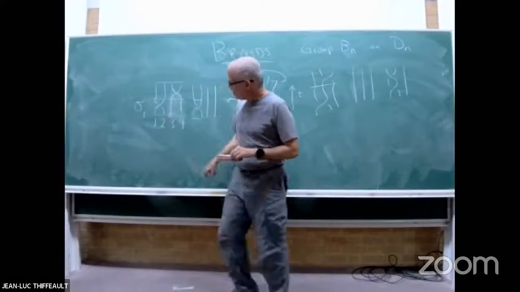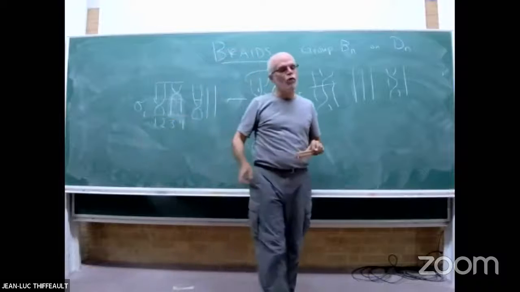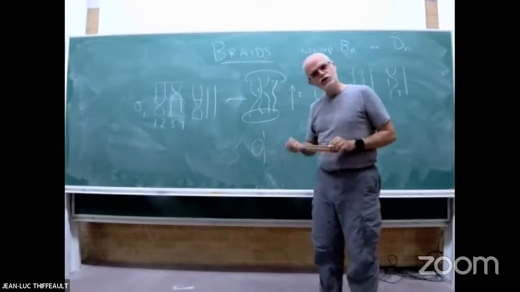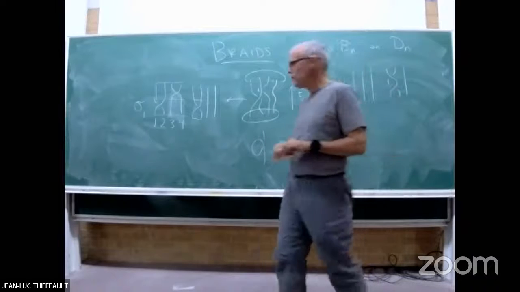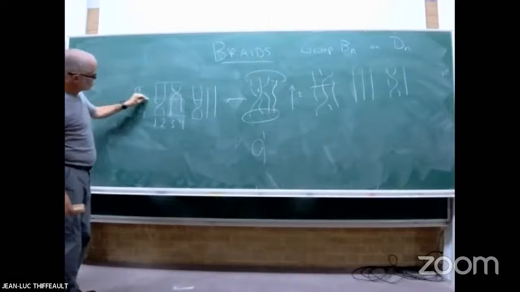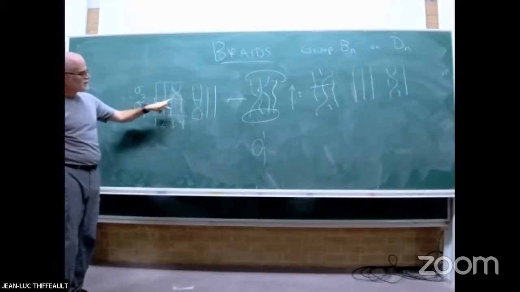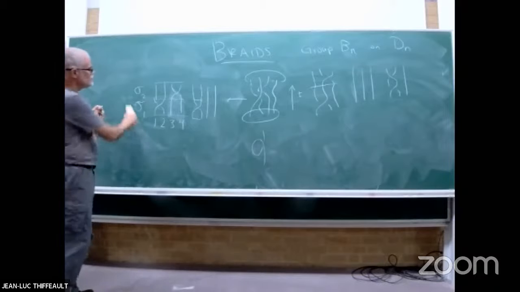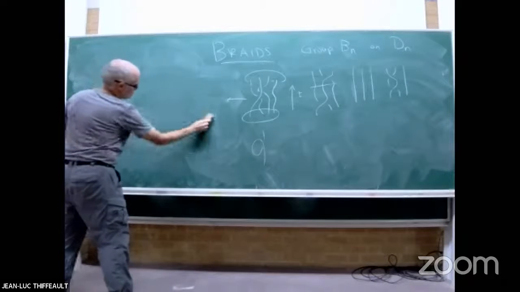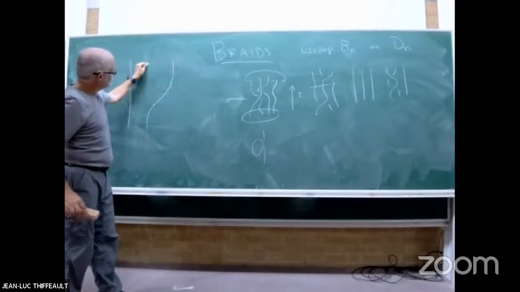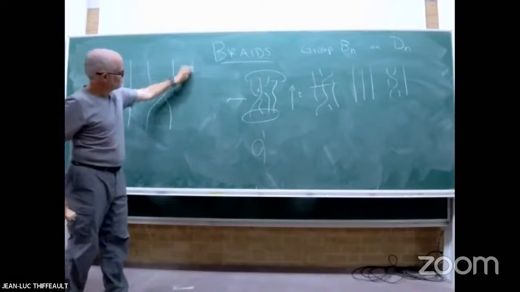And similarly, the 1 here, when I write sigma 1, means the exchange of string number 1 with string number 2. And similarly, this second generator here, I would write as sigma 2 because it's the exchange of string number 2 with string number 3. So in general, one generator looks like this.